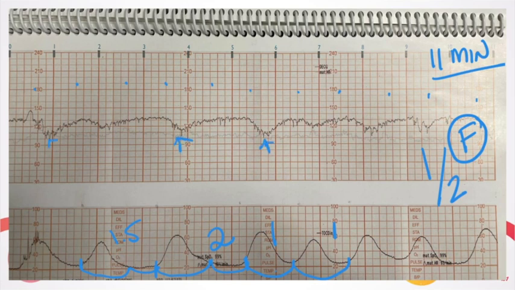Okay. Now let's talk about duration. I want red, and let's erase this. So now we're talking about duration. How long are they lasting? Remember, each little box is 10 seconds. 10, 20, 30, 40.